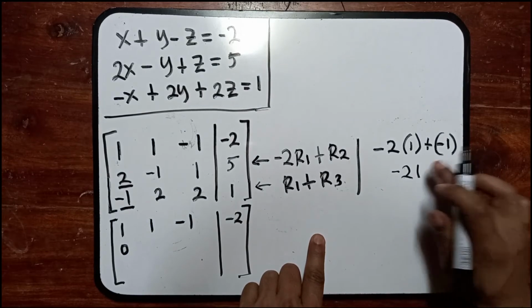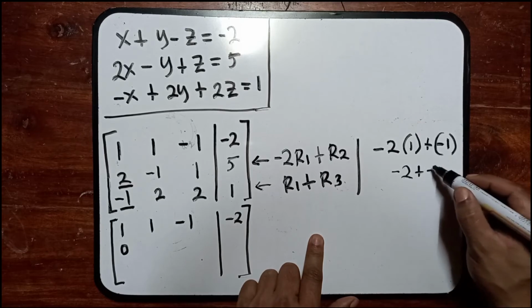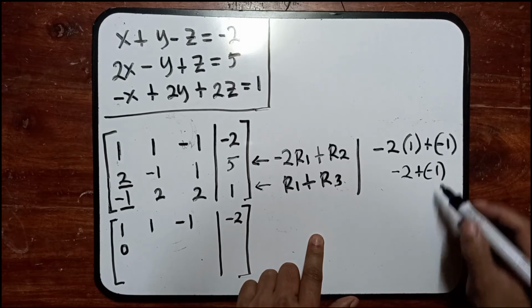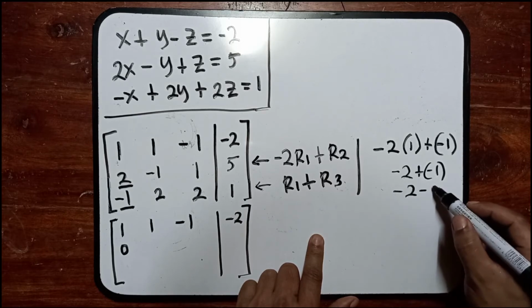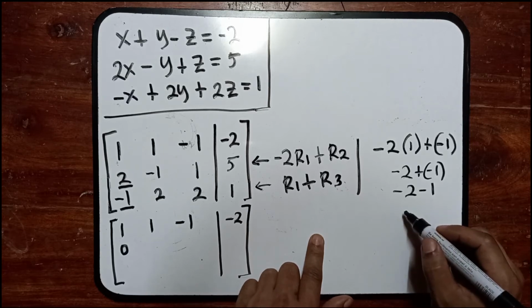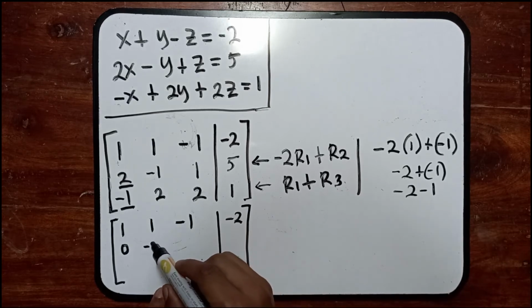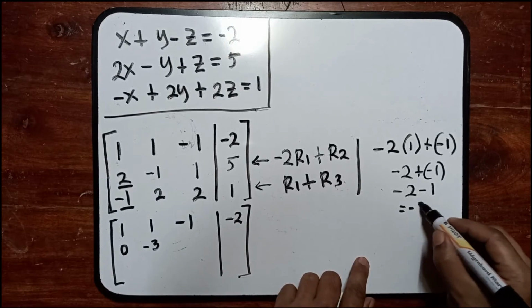And then unlike sign, so this becomes negative. Okay, so negative 2 minus 1, and that is negative 3. So we have to write here negative 3.